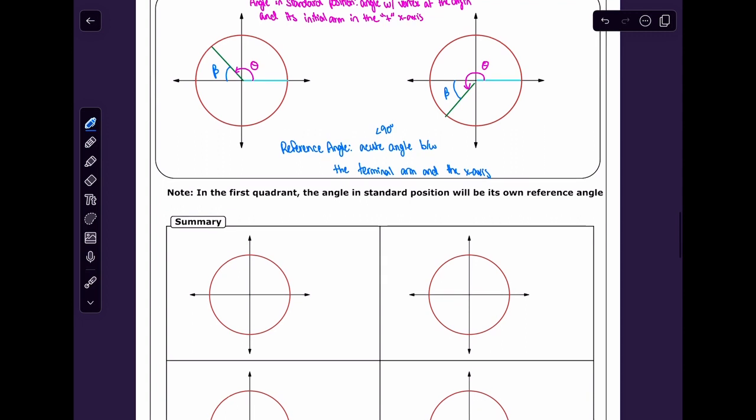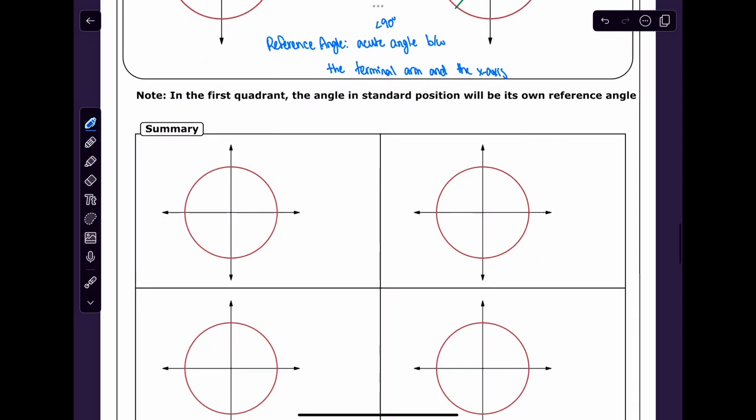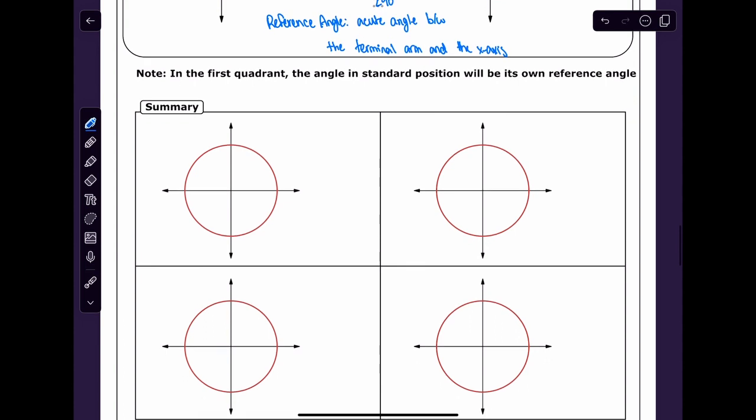Now, it's important to know how to find the reference angle mathematically. So let's start by looking at each quadrant. This is quadrant 1. So let's do a standard angle in quadrant 1. In quadrant 1, let's draw 45 degrees.